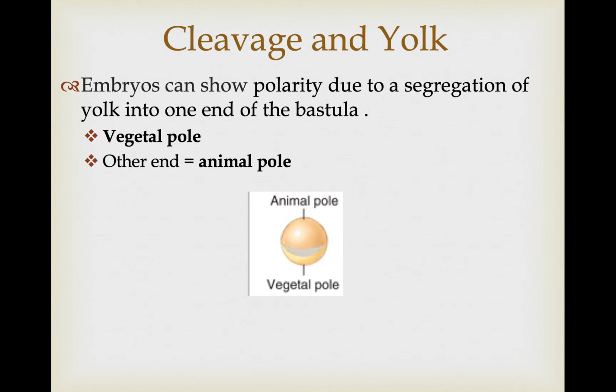Some animals have a lot of yolk, and it's clearly concentrated on one end of the zygote, and we call that the vegetal pole. The opposite end is usually where the embryo develops. We call that the animal pole. So notice that this isn't a typo. It's not vegetable pole, it's vegetal pole.